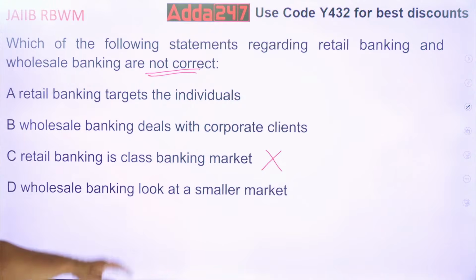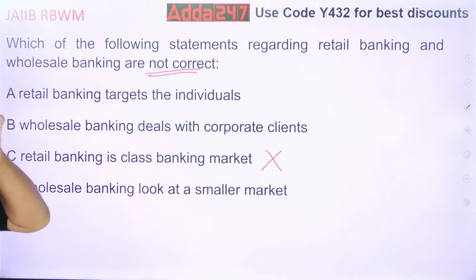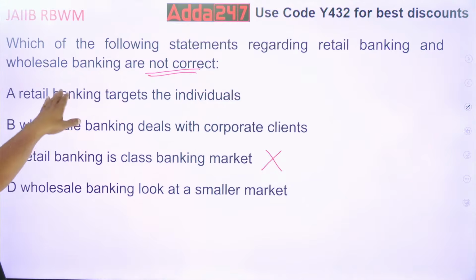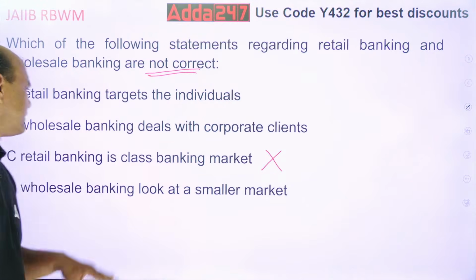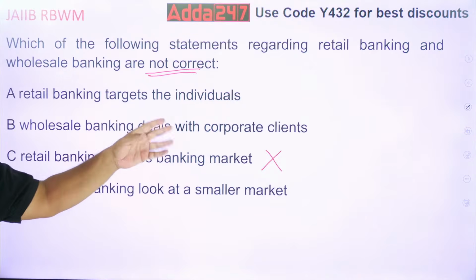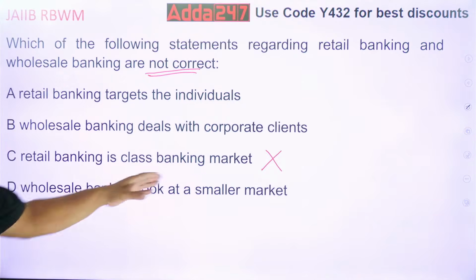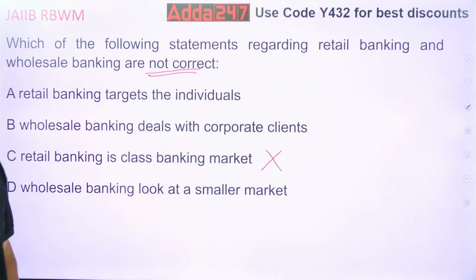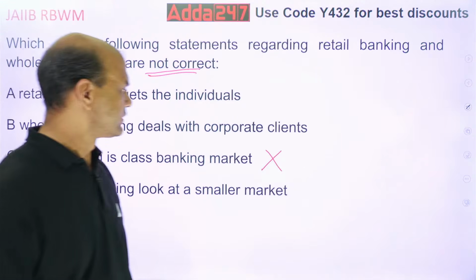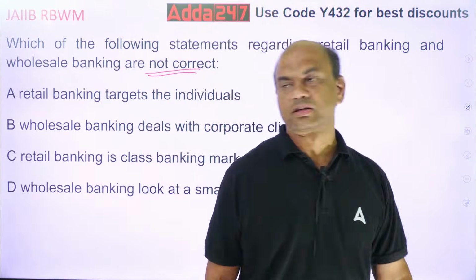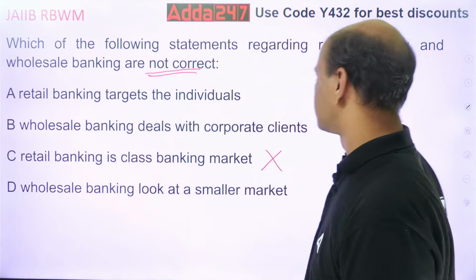Remaining all are correct. Retail banking targets individuals. Wholesale banking is with corporate clients. Smaller market, that's right. C is the answer, not D.